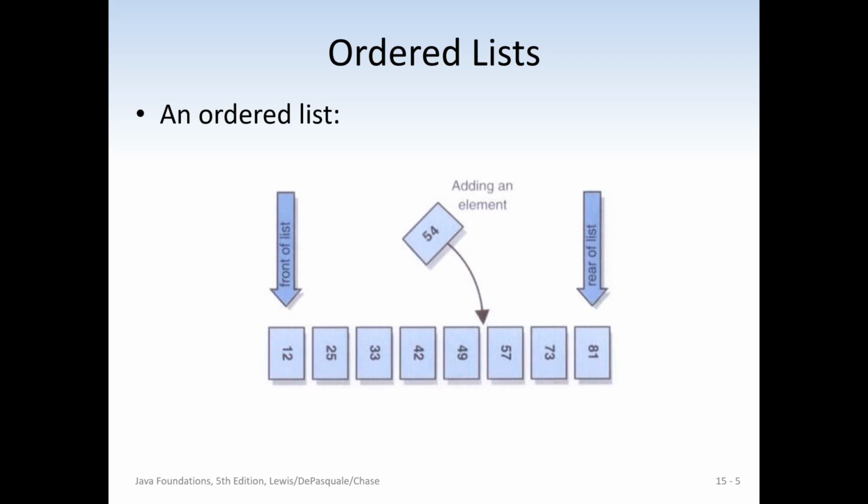So inserting in a linked list takes order n operations. Inserting in an array list takes order n operations, but inserting in a linked list actually is more efficient. They're both still big O n, right? So you got to think about these things when you're thinking about these inserts.